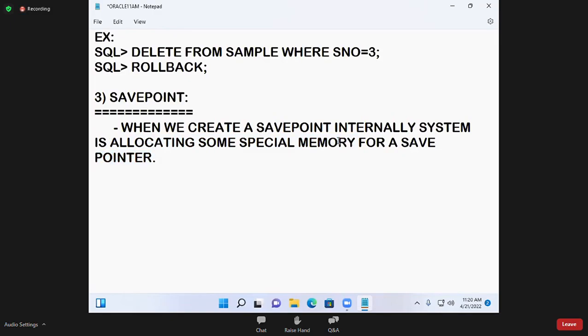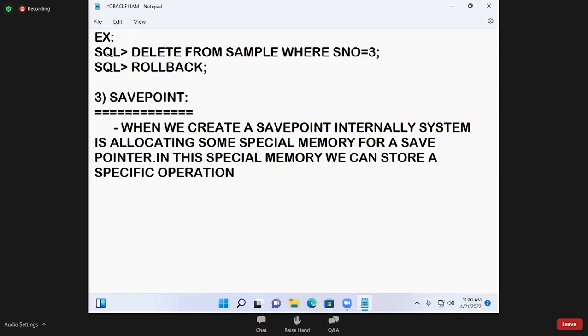In this special memory allocated by the system, I can store a specific operational row, otherwise rows data, which we roll back.